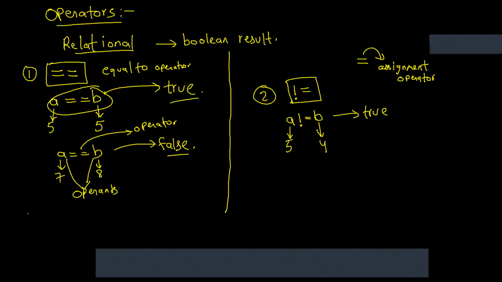They should not be equal to each other. You can read it as not equal to. If both of them have the value 3 and 3, it will return false. It is quite opposite to this.